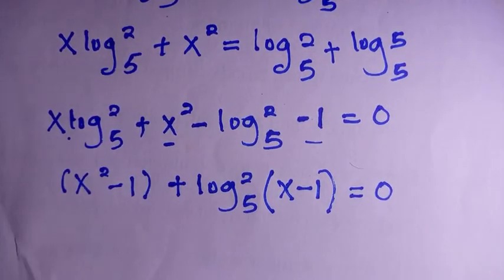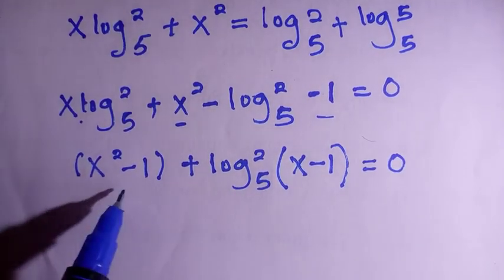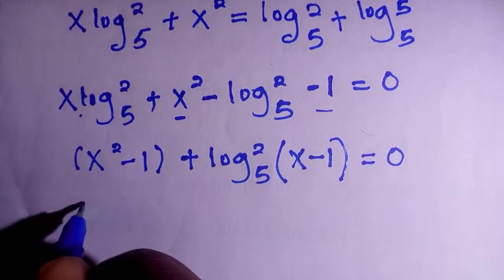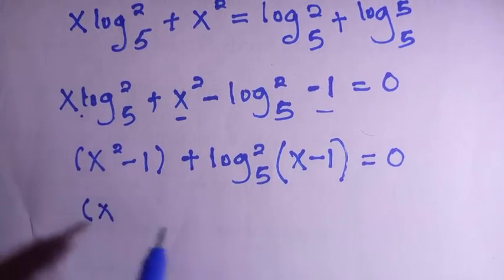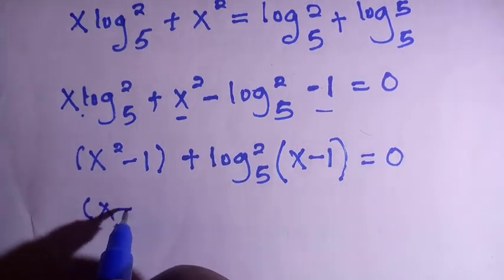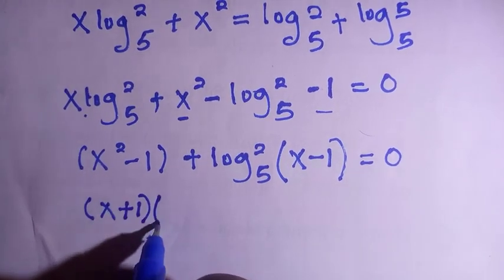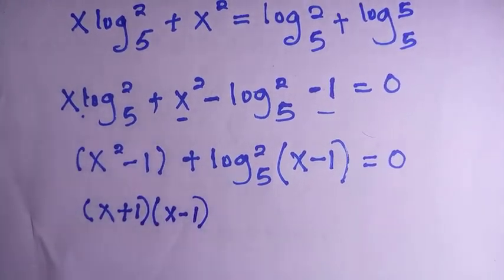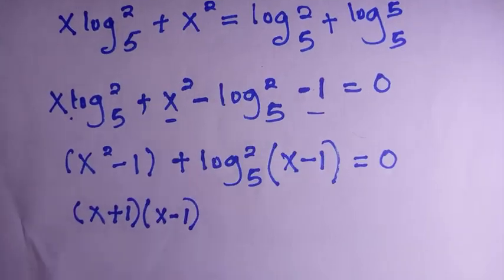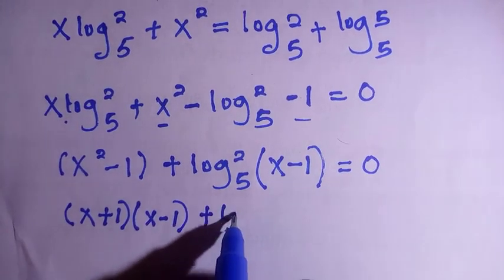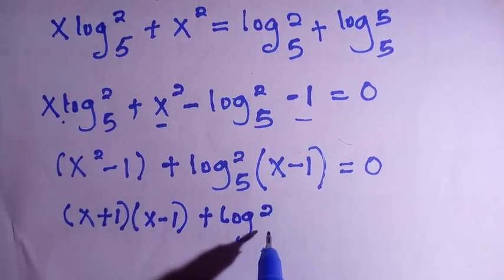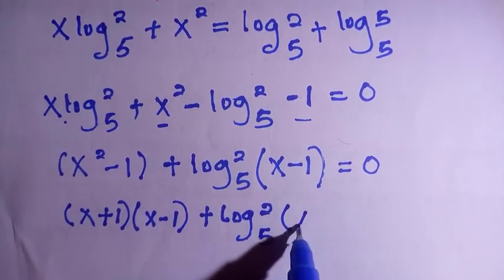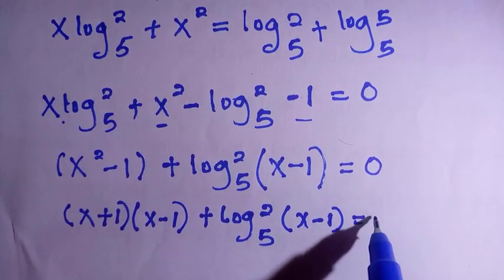But there's nothing common here. However, I can make x squared minus 1 factorizable as a difference of two squares, which becomes x plus 1 bracket x minus 1, plus log 2 base 5 bracket x minus 1 equals 0.